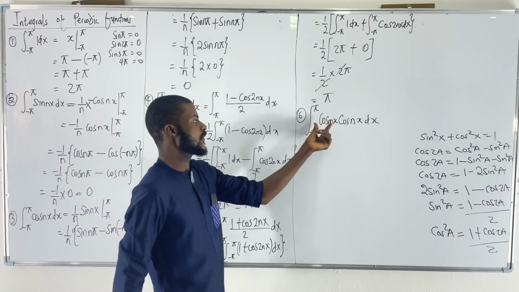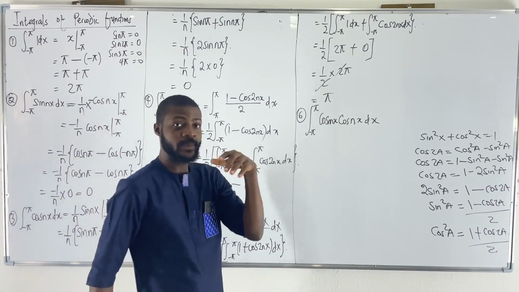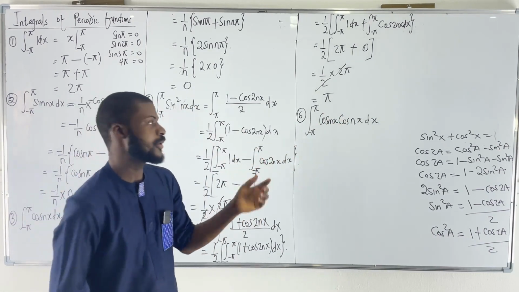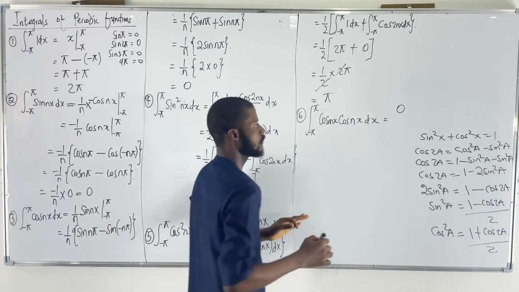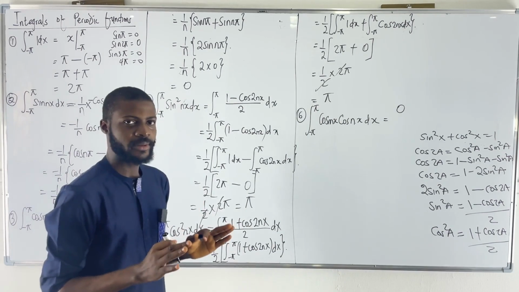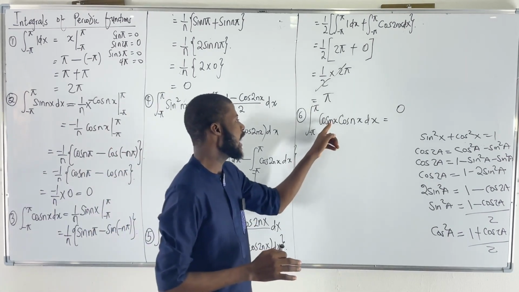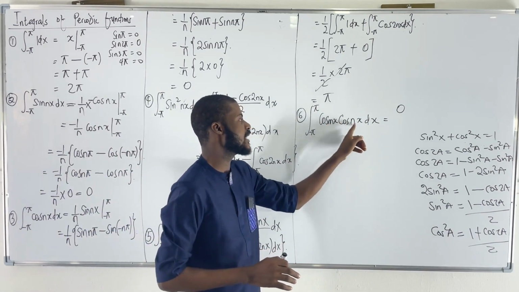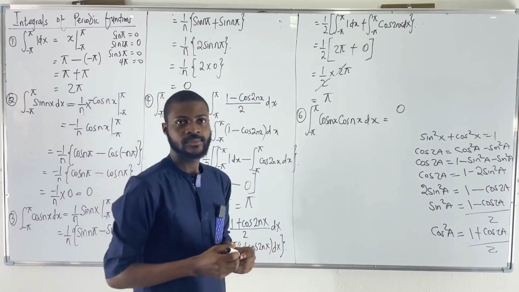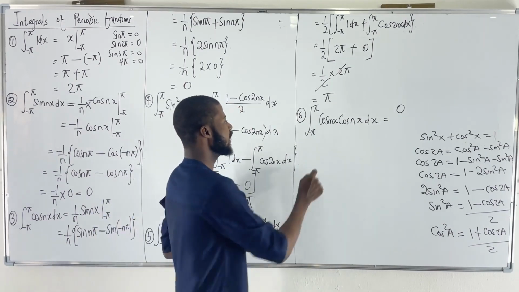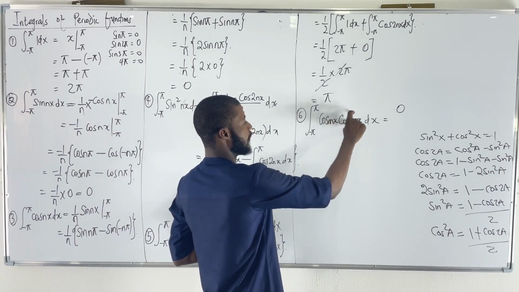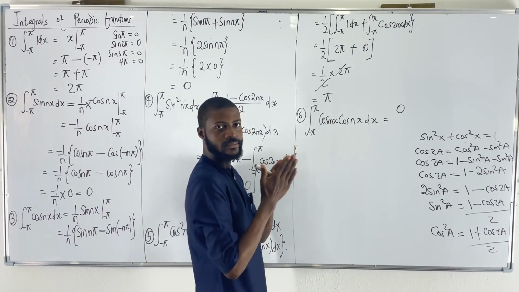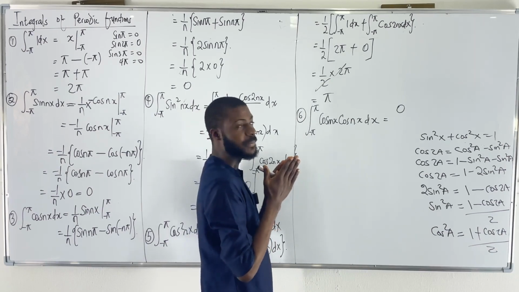If you integrate these two things, you basically get 0 at almost every point, apart from a particular case where m and n are the same numbers. Please take note: m and n are numbers. If m and n remain the same, there's going to be an answer.